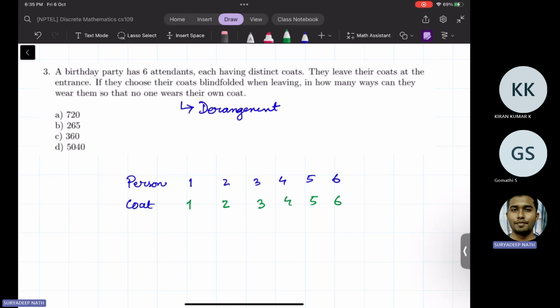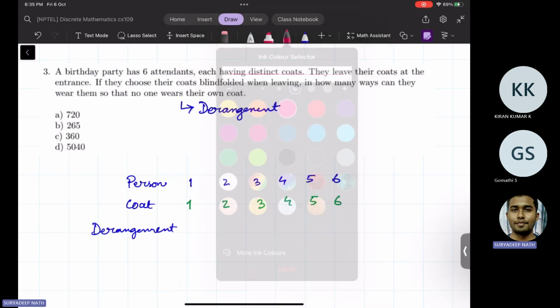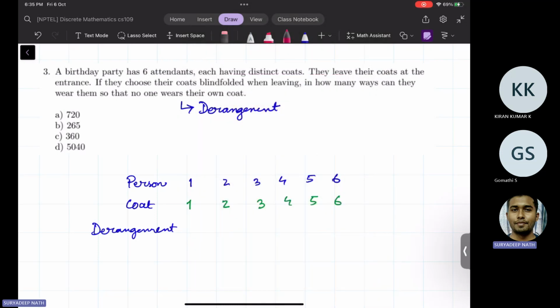The derangement would be when the person is not wearing his own coat, and none of the persons are wearing the right coat.